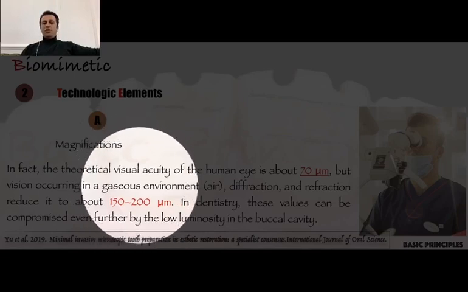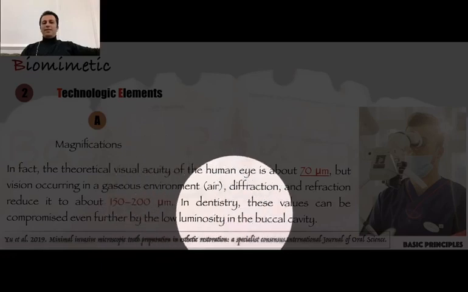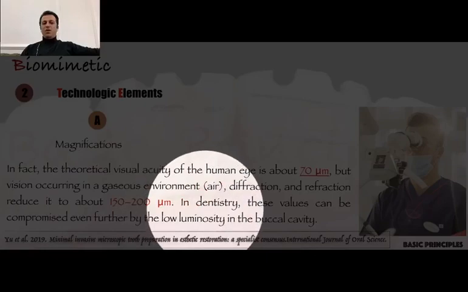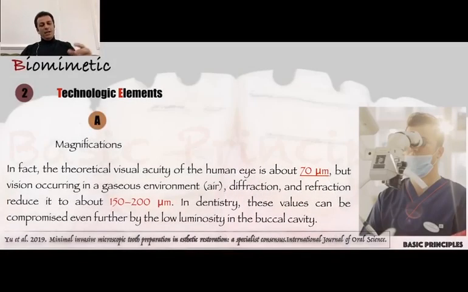So visual acuity of the human being is around 200 micrometers. In dentistry, this value can be compromised even further by low luminosity in the buccal cavity, by aging, by the focus of your dentist. They have problems with their neck, back, eyes. So this is for the ideal one.